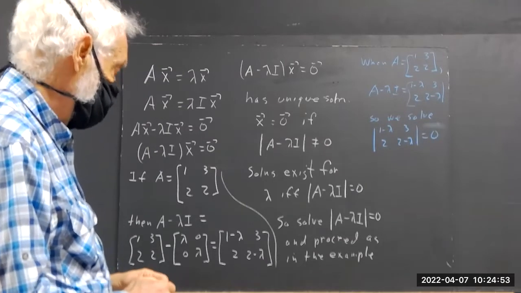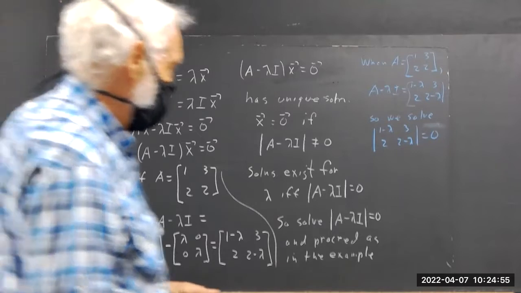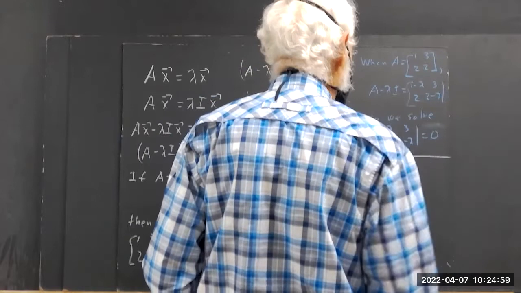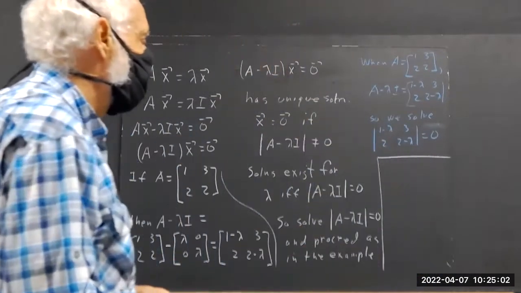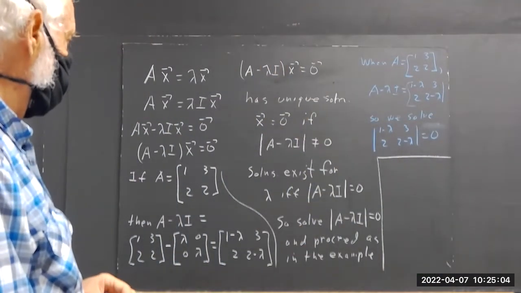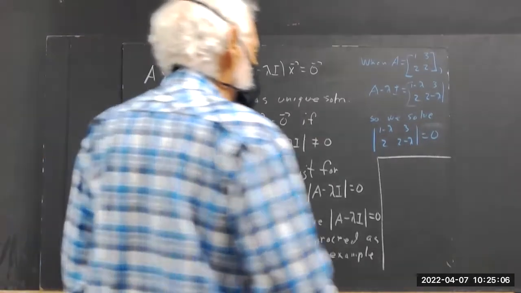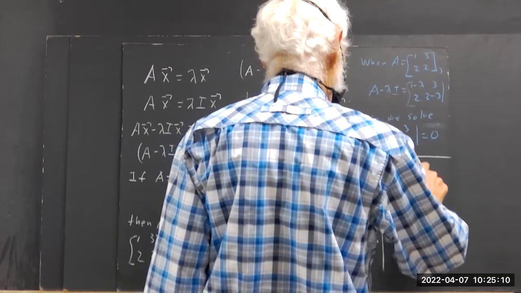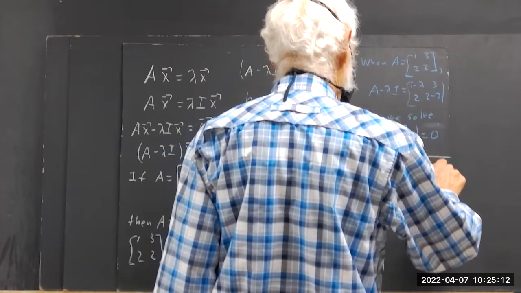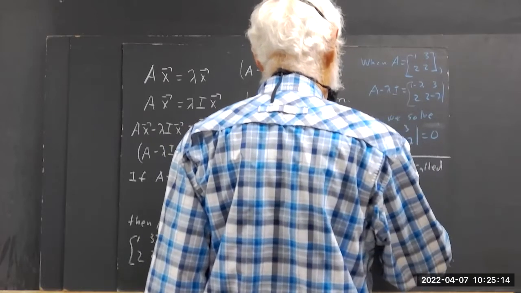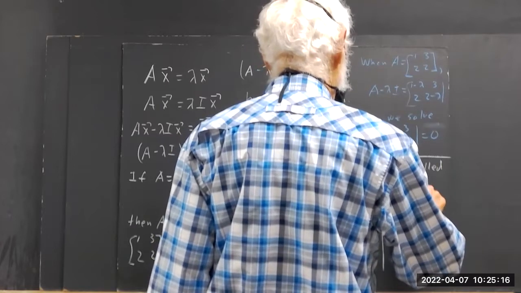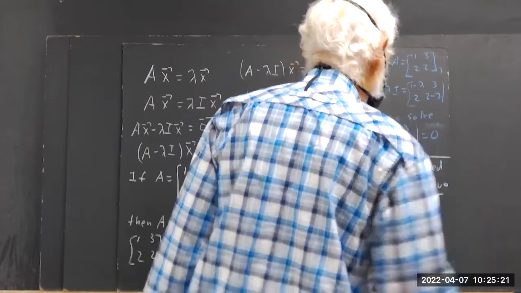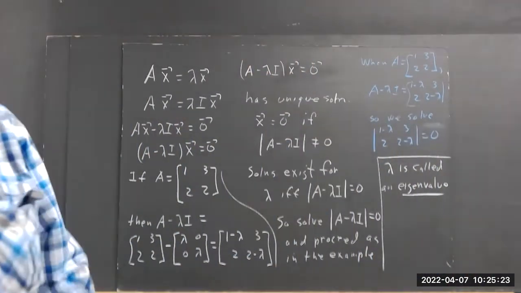Now, look at the board page here. We call lambda an eigenvalue.